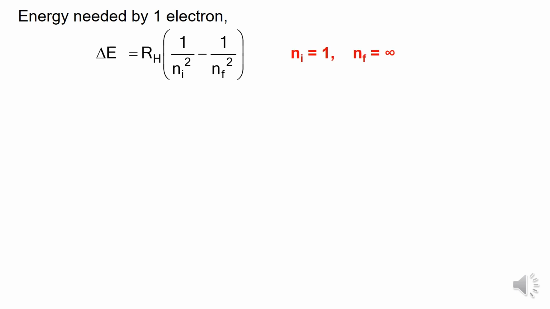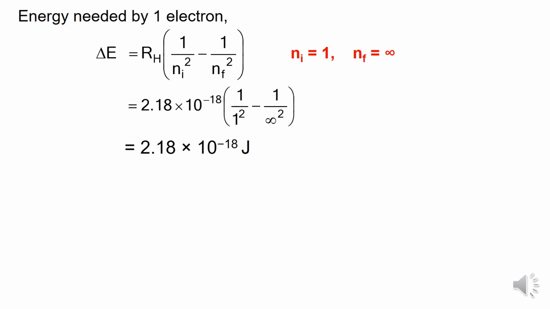How do you calculate the ionization energy of hydrogen atom in its ground state? To calculate the energy needed by one electron, we use the formula delta E equals RH times 1 over Ni squared minus 1 over Nf squared. So we substitute Ni equals 1 and Nf equals infinity into the equation.